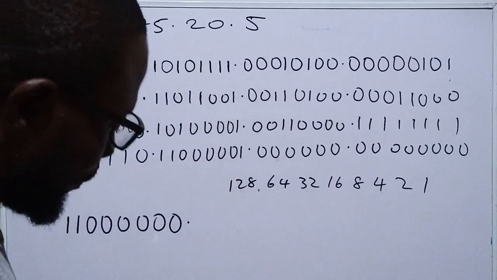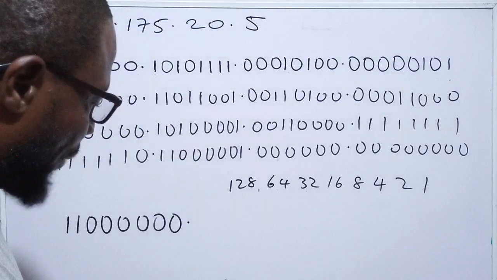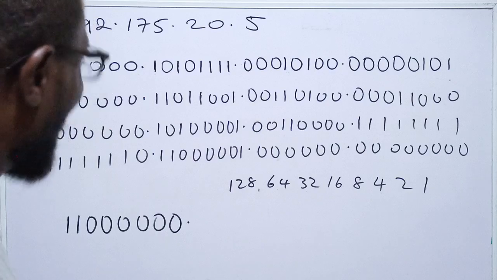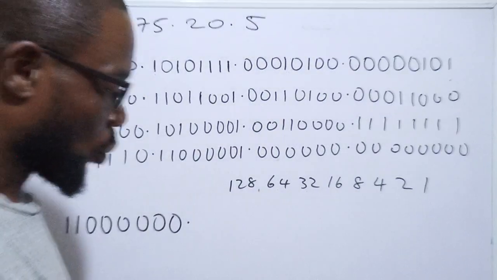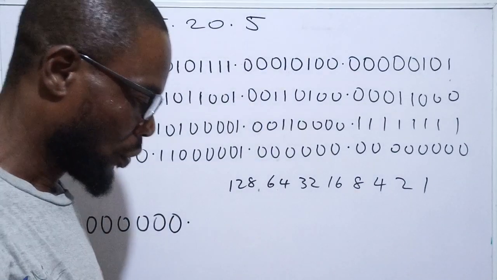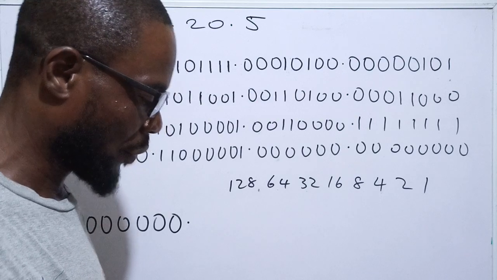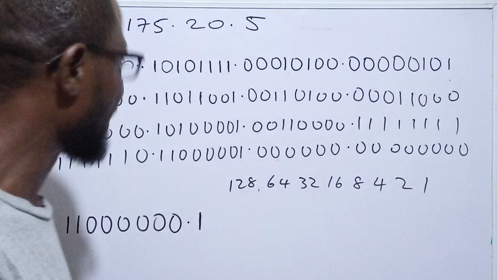So let's start with 175. Can 175 subtract 128? Of course, you put 1 here, remainder 47.